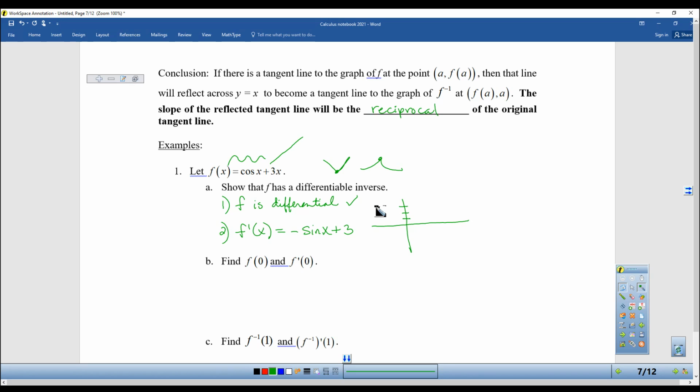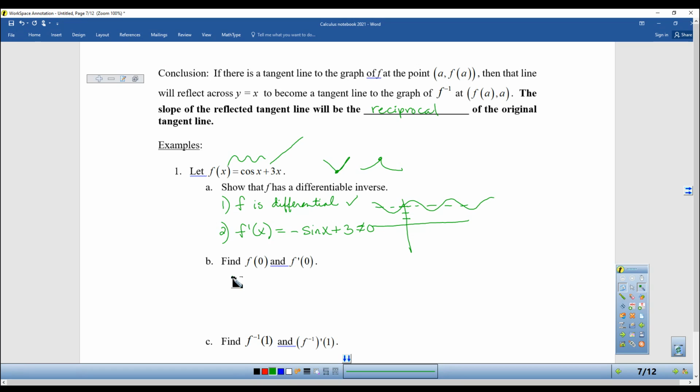So now I'm up there, and it's going to go up to 1, down to negative 1, up to 1, down to negative 1. Is that ever going to be equal to 0? Definitely not, okay? It never even comes close to the axis. So the derivative is never equal to 0.